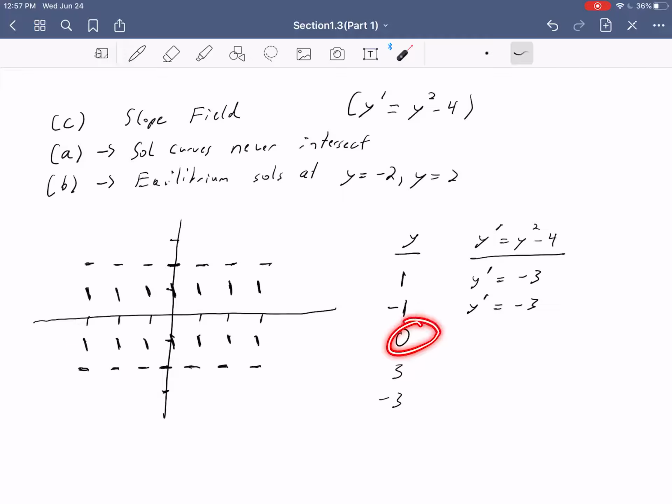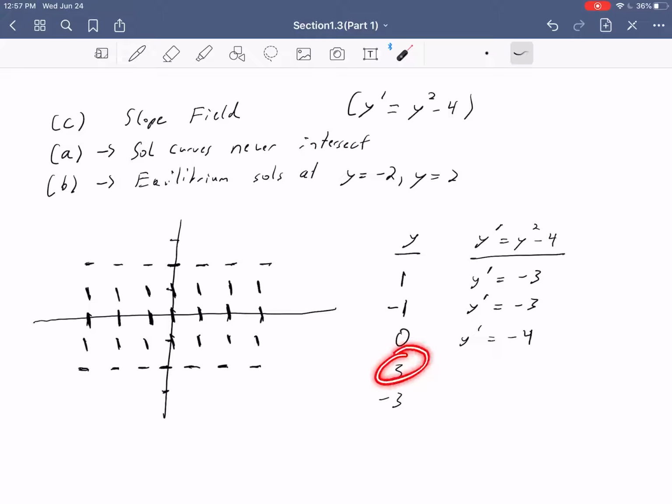What about at y equals 0? Well, that would give us y prime is negative 4. So along here, we'd have an even steeper negative slope. So we will make it even a little bit steeper. All right, there we go.